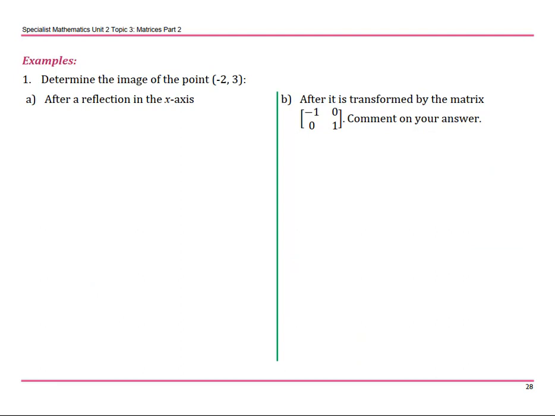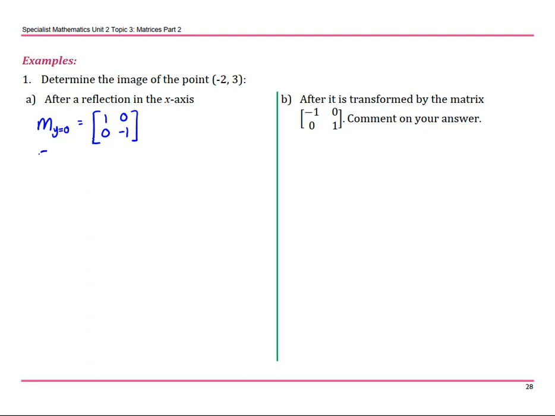So let's look at an example. Determine the image of point -2, 3 after reflection in the x-axis. So our matrix is in the line y equals 0 because it's in the x-axis. That means our x-coordinate remains unchanged, but our y-coordinate flips sign.